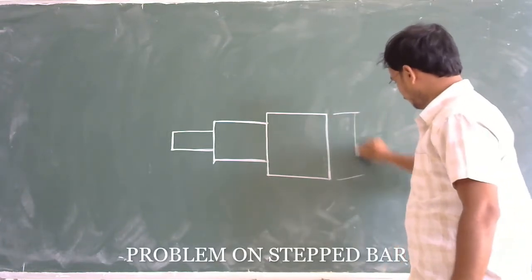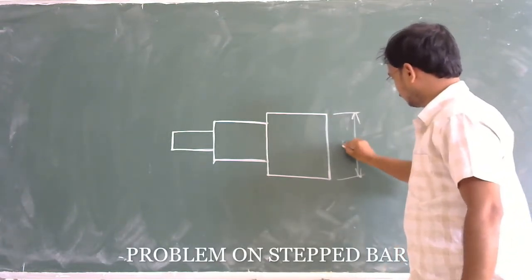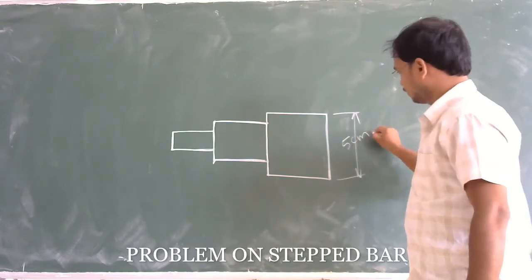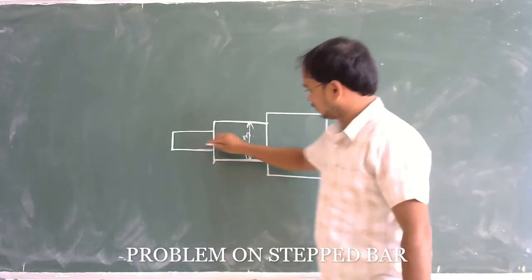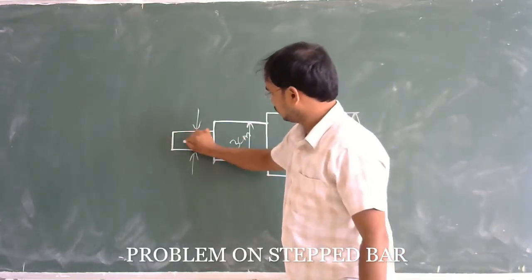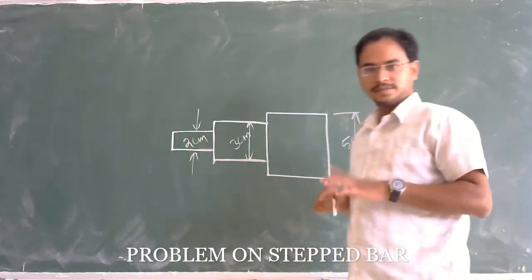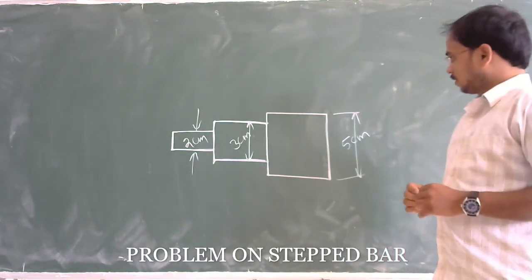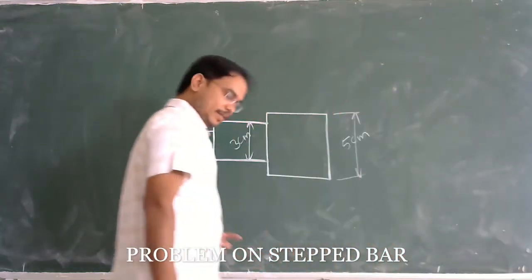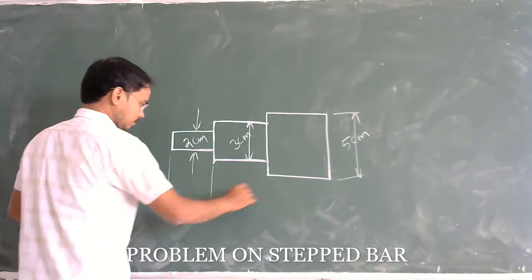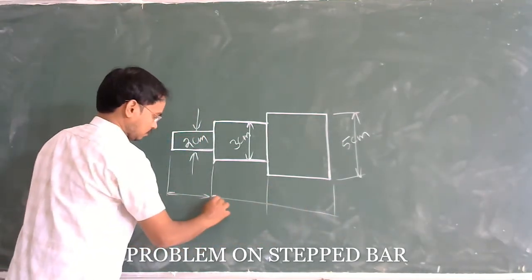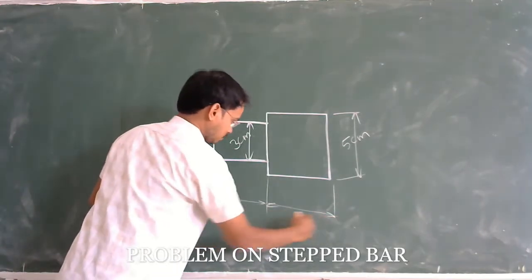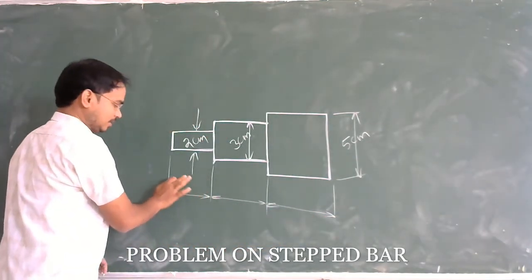The diameters are given. I think this is 5, right? 5 centimeters, and this is 3 centimeters, and this one is 2 centimeters, and the lengths are also given. How much are the values?